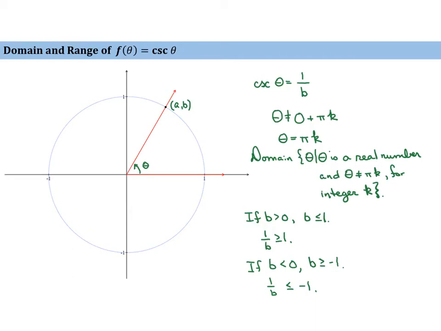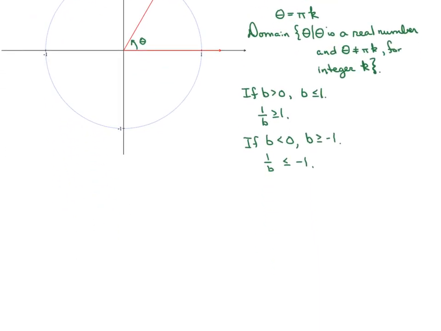Let's put this together. We have two possibilities. Either 1 over b is bigger than or equal to 1, or 1 over b is less than or equal to negative 1. But 1 over b is cosecant of theta. So cosecant of theta is either negative infinity to negative 1, or is on 1 to infinity.